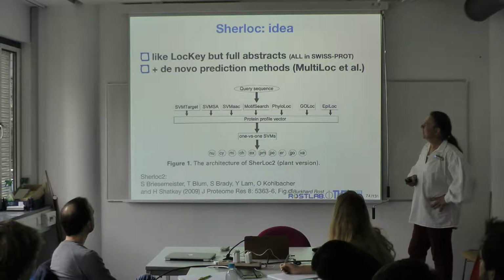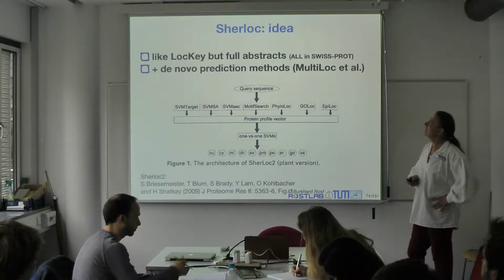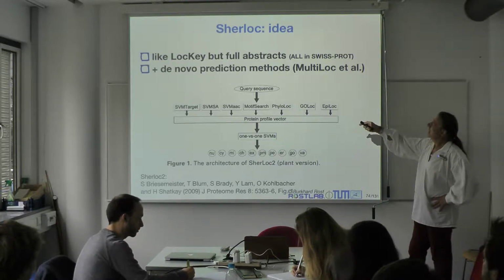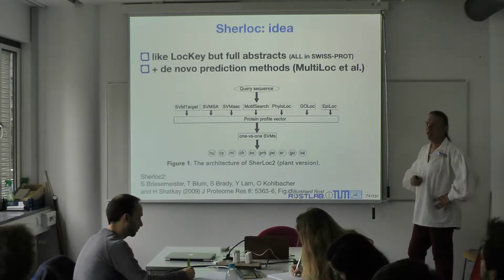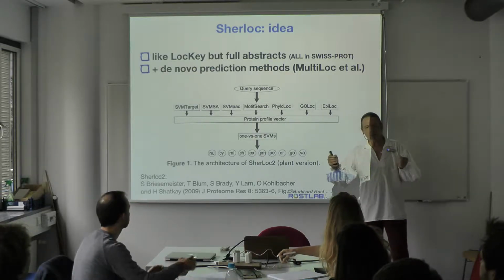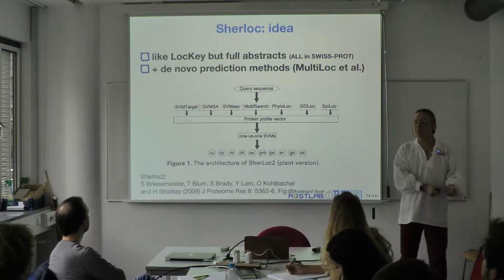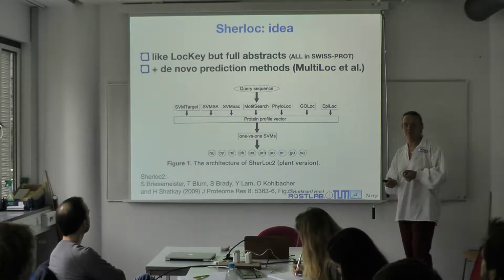So here is another kind of play on this motif, Sherloc. The first part is the method I talked about, LOCkey, that essentially takes the keywords about function, grinds them up, and tries to predict subcellular localization from those keywords.